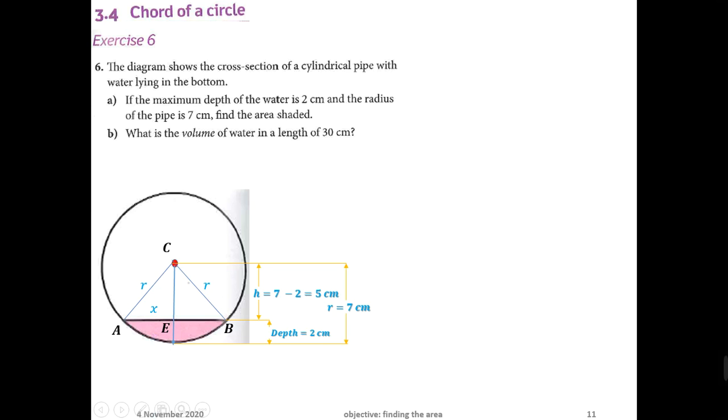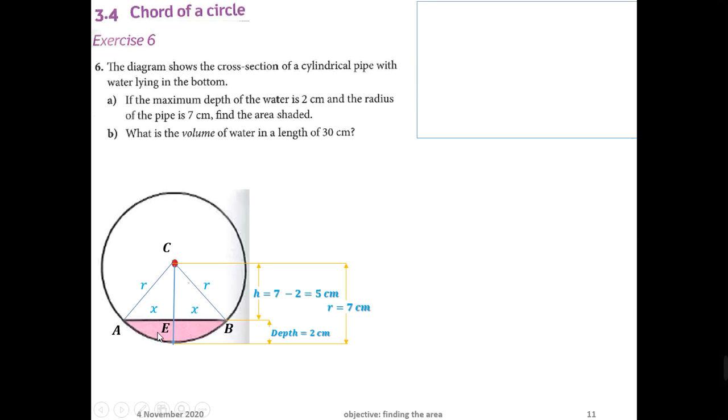So if AE is X, then EB is X as well, because this line from C, the apex, down to the base AB is going to bisect the base AB into two equal parts, X and X.